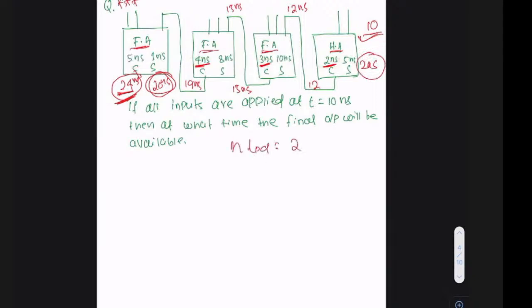So that is 2 into 4. N is the number of adders, that is 4. 2 is the delay of each. 2 into 4 is 8 nanosecond delay. But if the inputs are applied at 10 nanosecond, then 10 plus 8, that is 18 nanosecond, we're getting the outputs. If the delays are uniform and the input is applied at 10, then the answer would have been 18. Otherwise, this is the way you have to go.